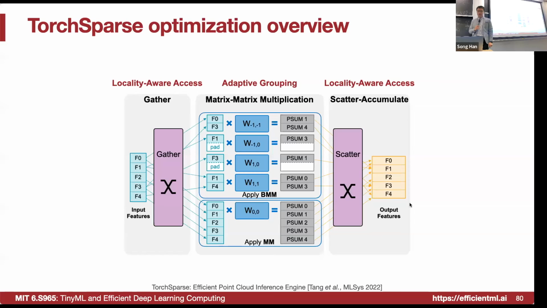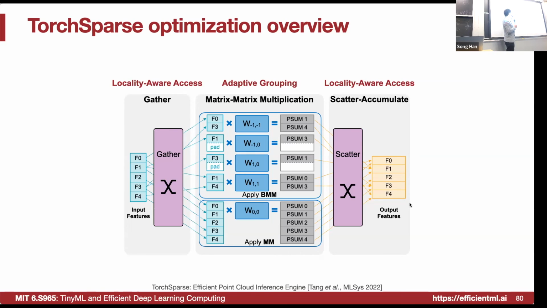So this is the overview of the optimization for TorchSparse, which is mostly concentrated on dealing with sparsity. With sparsity, the workload is actually quite different. Some of the kernels interact with only a few points, and some of the kernels interact with a lot of points. That makes the computation very irregular and fragmented. So what we are doing here is adaptive grouping.